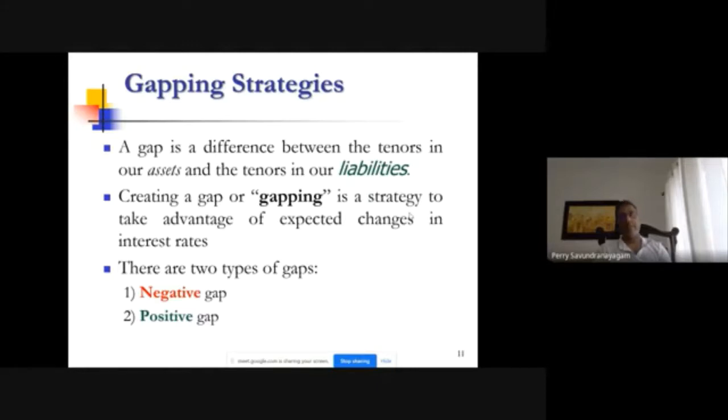For example, if your view is that interest rates are going to be lower for longer, and then you have a 5-year asset that you put on your book, and then you put a 3-year liability and pay almost the same rate that you're paying for the asset, you're not going to generate as much income, right?